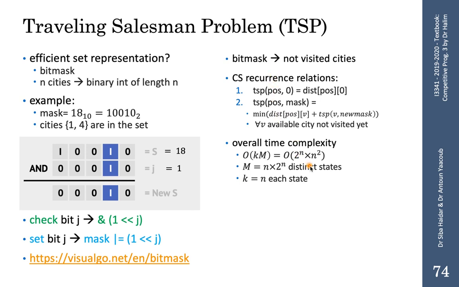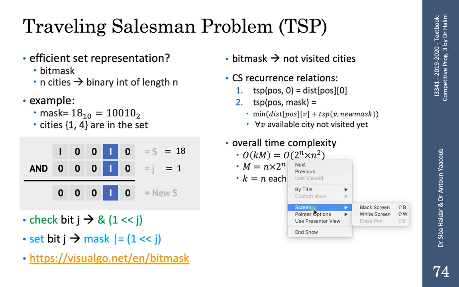We have up to n cities. So the number of distinct states is n times 2 to the power n. And in the worst case, solving each state, because we have for every available city V not visited yet, is of the order of n. We multiply these two parameters to get the overall time complexity, which is in the order of 2 to the power n times n to the power 2.